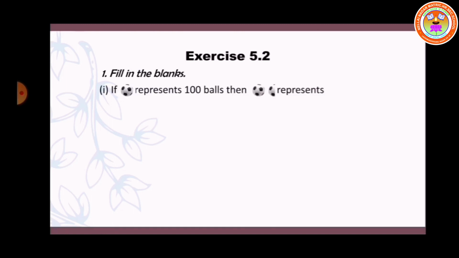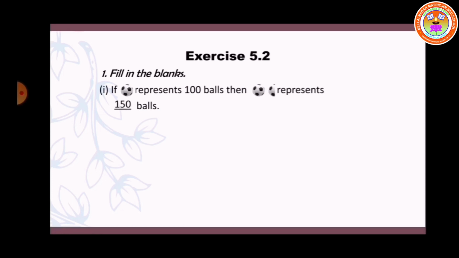Okay, children. Today I am going to teach exercise 5.2. First one, fill in the blanks. If one ball represents 100 balls, then 1.5 balls represent dash balls.